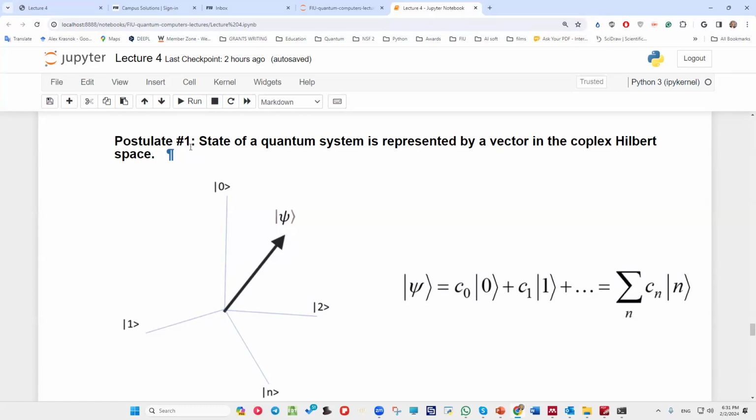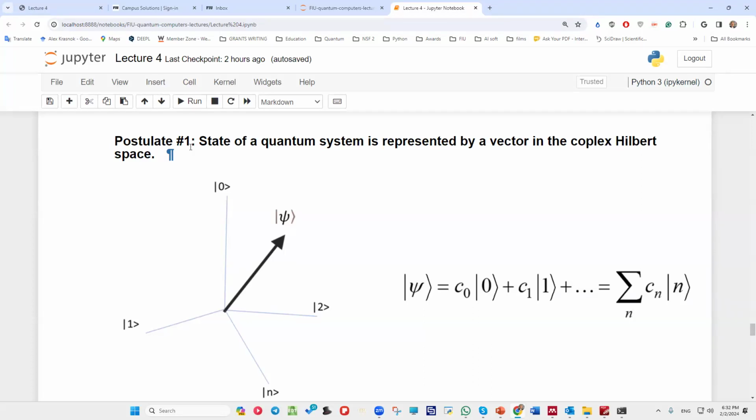It can be a small particle, an electron. It can be some sort of an atom, hydrogen atom, helium atom, etc. It can be a molecule. It can even be a quantum computer.